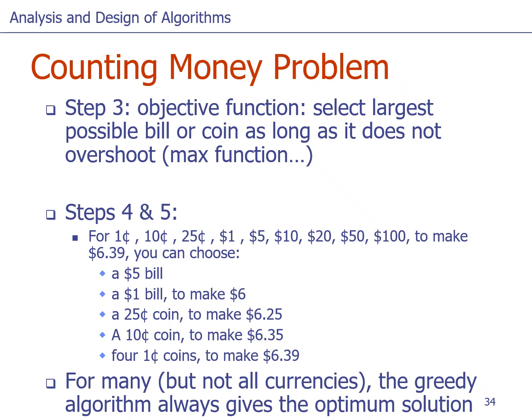Actually, 4 by 6 is 24, so you can make it with 25 25s. Or you could make it with six $1. But the smallest possible set of coins and bills could be produced for this specific configuration using this specific objective function. But this will not always work, as the last point says.